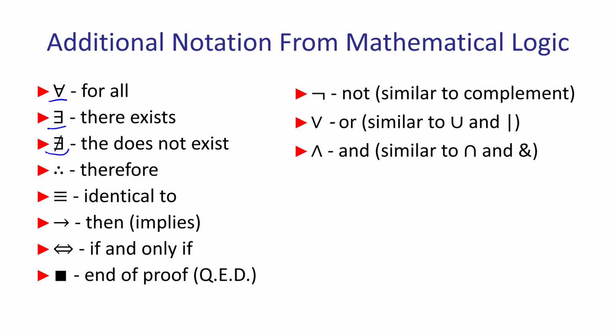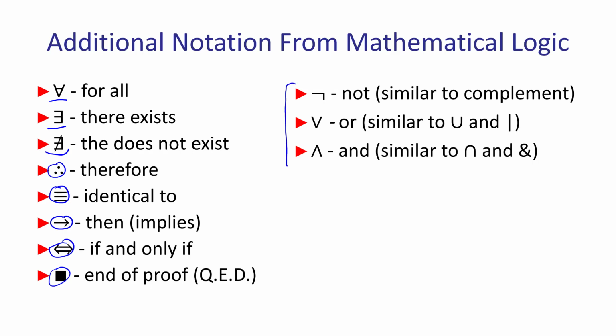Or crossed E is does not exist. Those 3 dots mean therefore. 3 lines mean identical to. Arrow is then or implies something. This symbol means if and only if, and black square means the end of the proof.